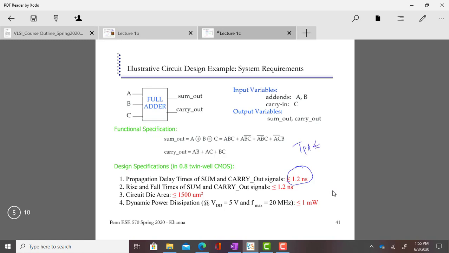So TPD is less than 1.2 nanoseconds. What this means is, if this is your chip and you apply an input and this is your output, the total delay from here to here should be 1.2 or less. This is the propagation delay.